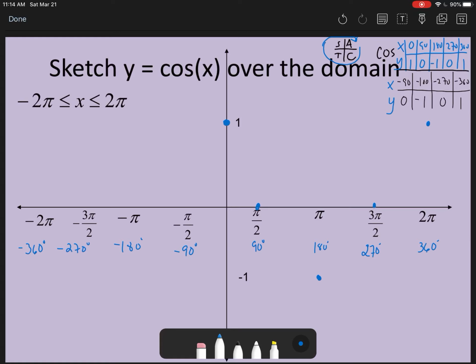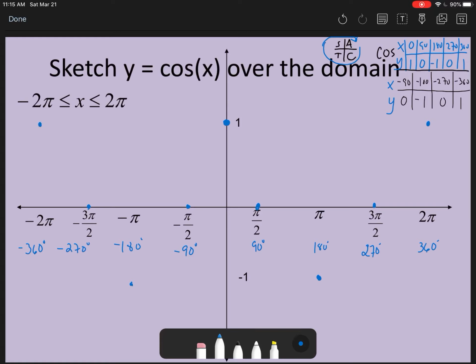Now for the negative side, cosine of negative 90 degrees is 0. Cosine of negative 180 is negative 1. Cosine of negative 270 is 0. And cosine of negative 360 is positive 1.